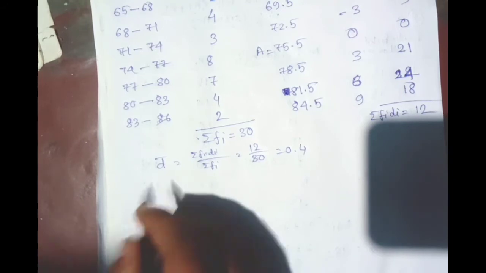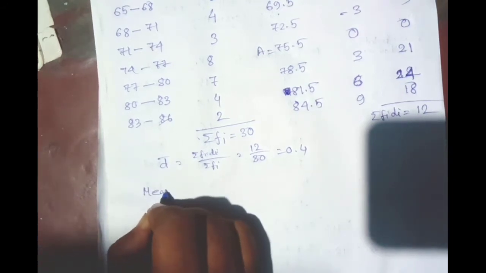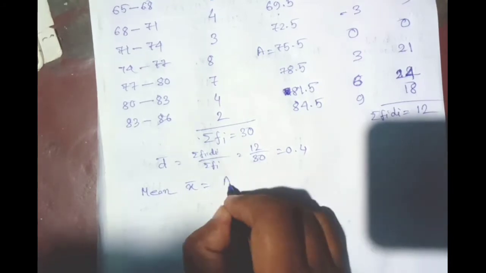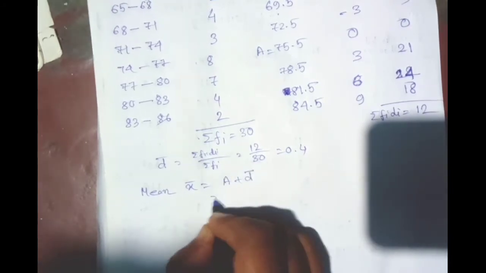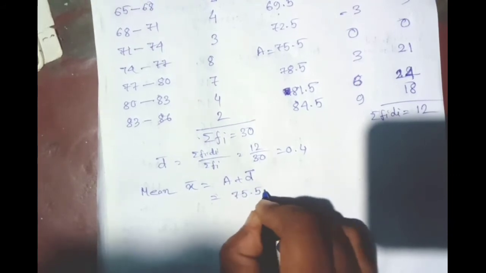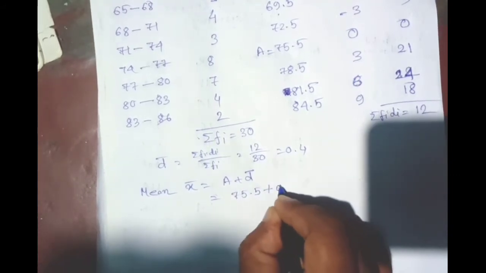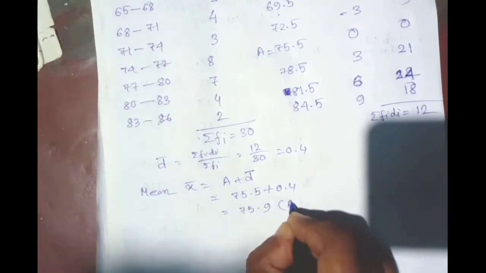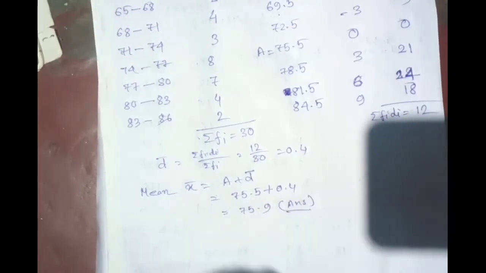Now mean, that is x bar, is equal to A plus D bar. Now A is equal to 75.5 plus D bar 0.4, that means 75.9. That will be the answer.